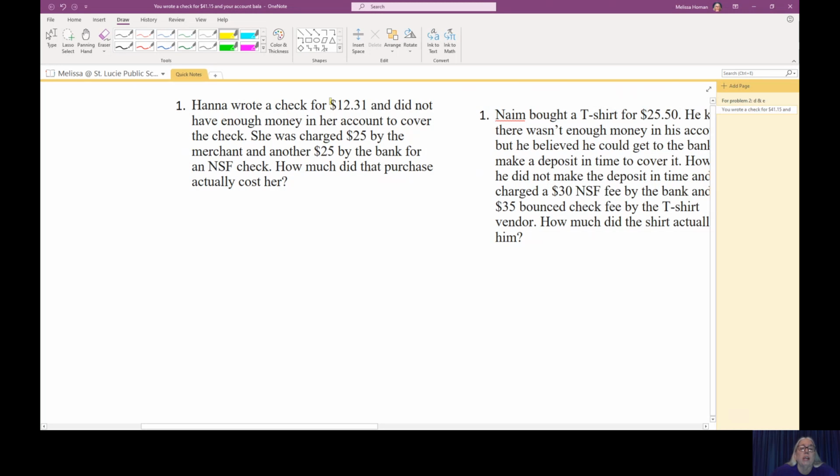So Hannah wrote a check for $12.31 and did not have the money to cover it. She was charged $25 by the merchant and another $25 by the bank. Ouch. How much did the purchase actually cost her? So it cost her $12.31, and then $25 got charged additional, and another $25 got charged.